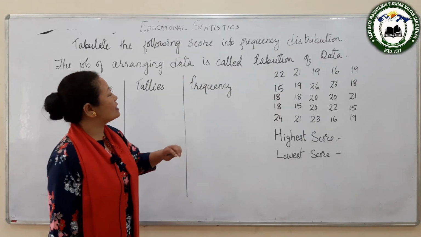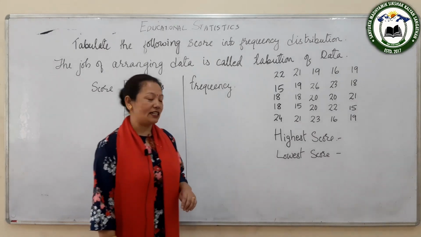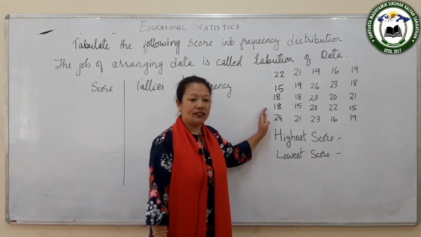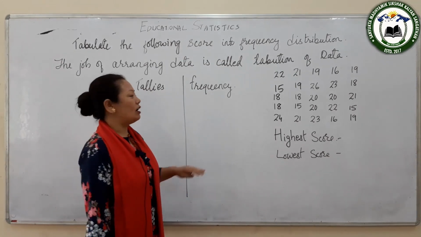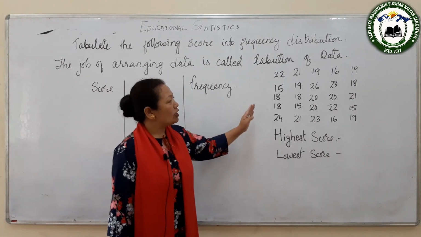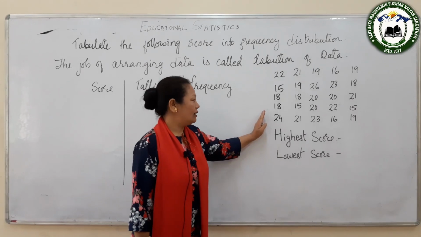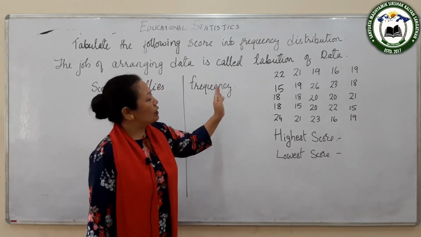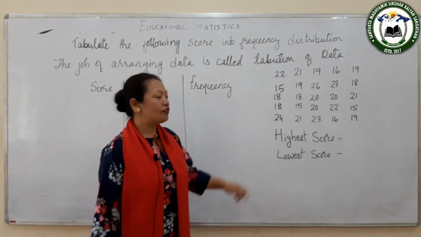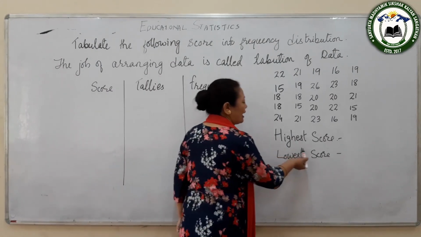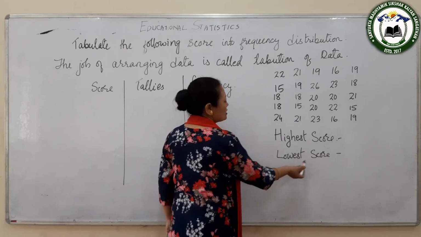Okay, statistics deals with collection of the data. So we have collected our data, but the second thing is we need to tabulate our data. For the tabulation of the data, we need to arrange this data properly. That means first we have to find out the highest score and the lowest score.